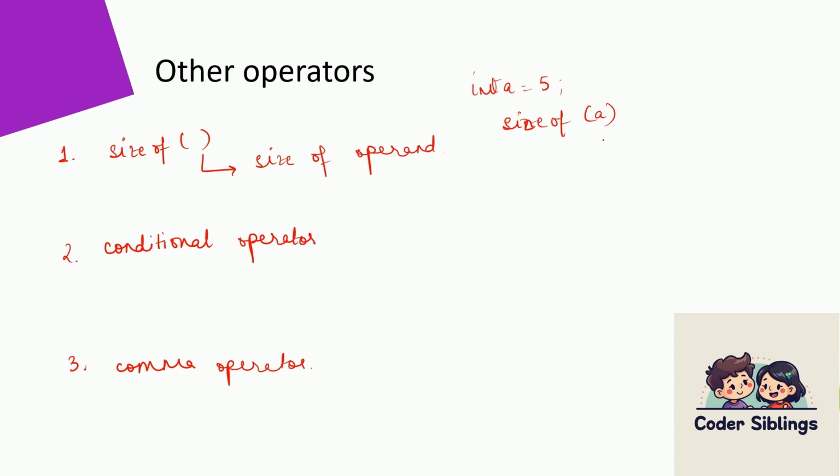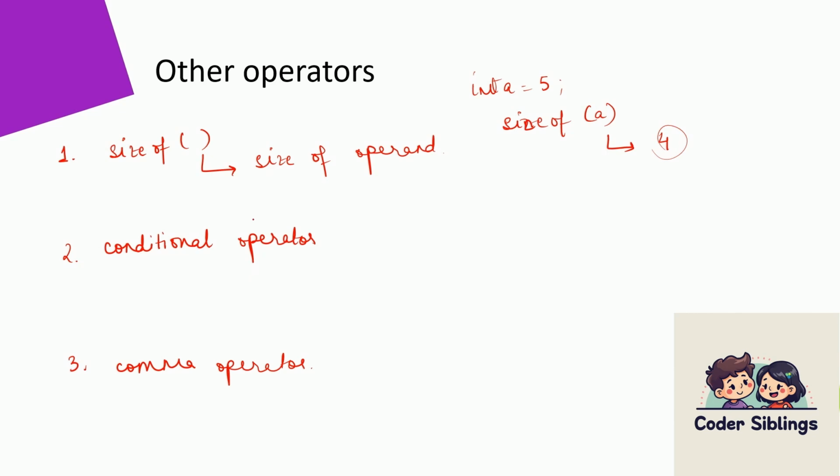So sizeof(a) will return 4 bytes, as we know that the size of an int variable is 4 bytes. It occupies 4 bytes in the memory space. So sizeof(a) will return us 4. So sizeof basically does nothing but compute the size of the operand.